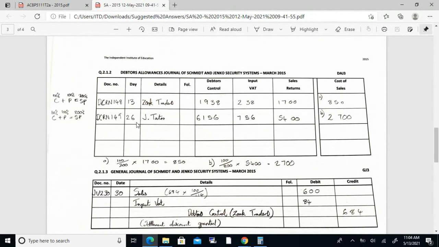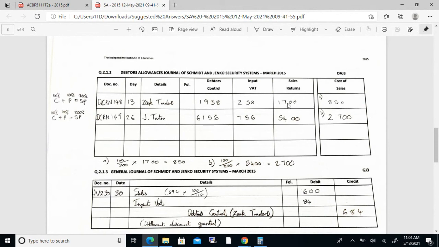was on the 26th. All right, and their trading inventory sold on 25th returned. Okay, and can you see there they told us exclusive of VAT.